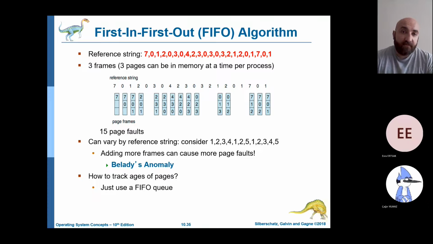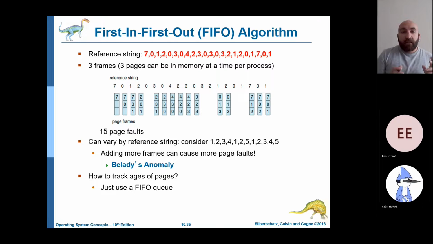The simplest page replacement algorithm is the first in, first out algorithm. A first in, first out replacement algorithm associates with each page the time when the page was brought into memory. When a page must be replaced, the oldest page is chosen.